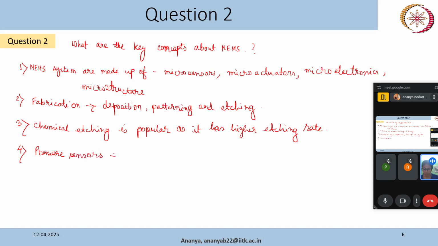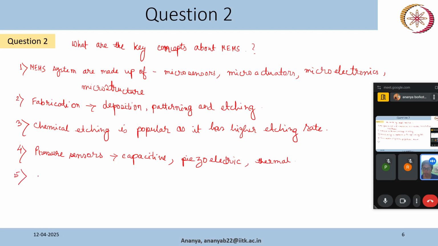The pressure sensors can be capacitive type, piezoelectric type, or piezoresistive type, where basically the electrical property changes, and thermal. So these things we have studied.